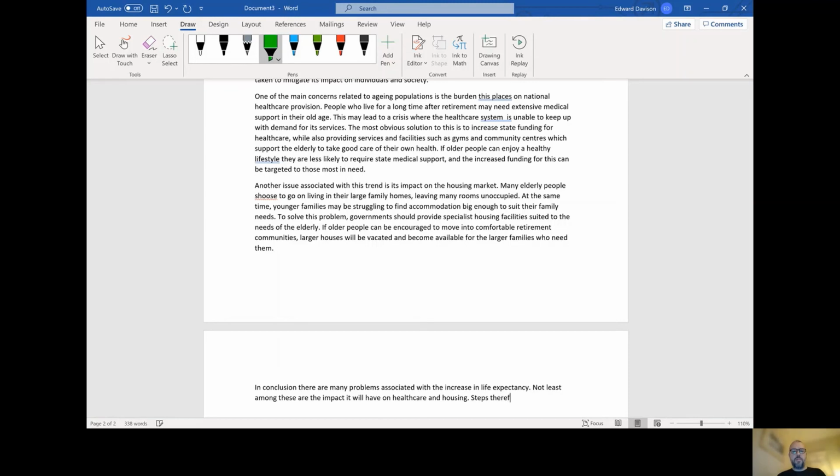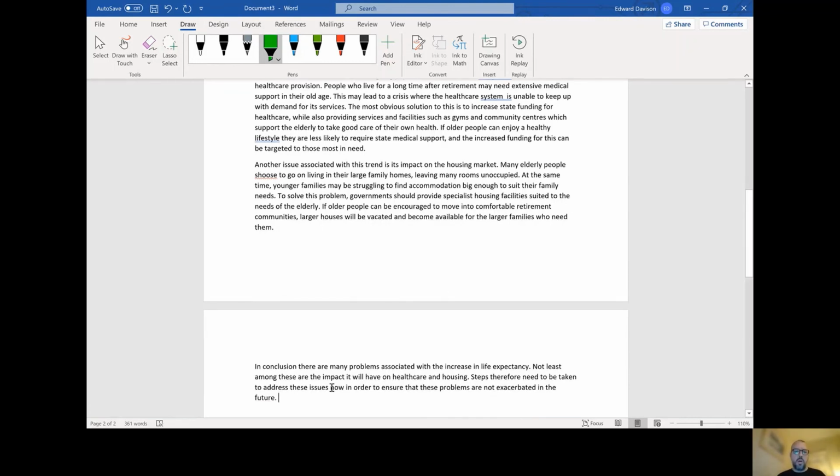Steps therefore need to be taken to address these issues now in order to ensure that these problems are not exacerbated in the future.